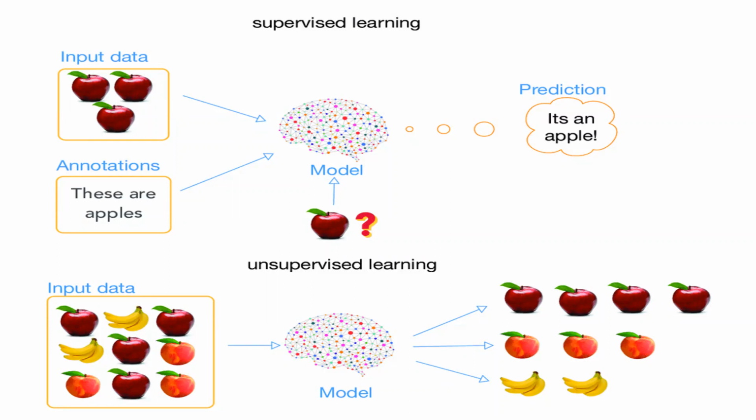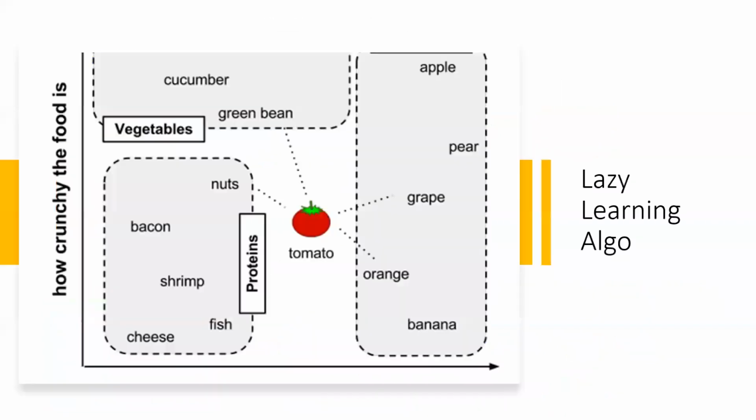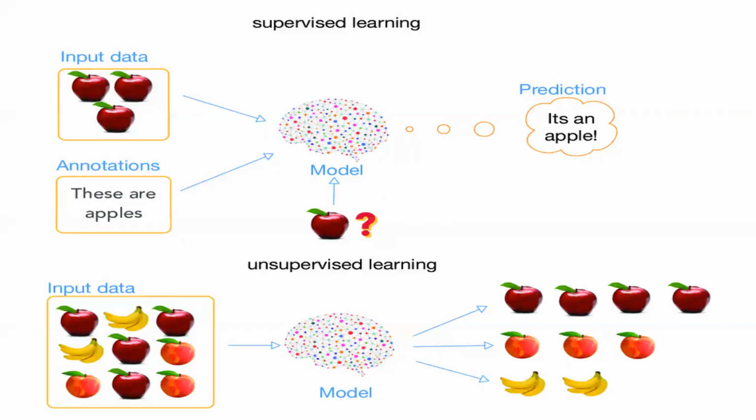Although you were just giving all the information you have, the system figures out that the data is divided into three groups: in this example, one is apple, one is banana, and one is peach. So that's what unsupervised learning is. Then I'll go next, and you will see another example.